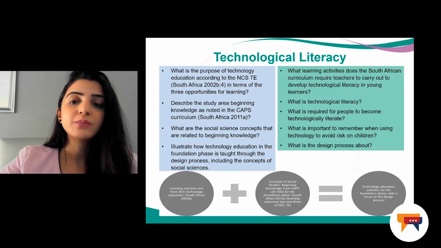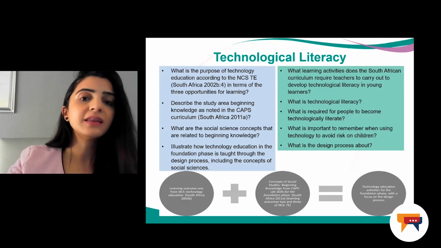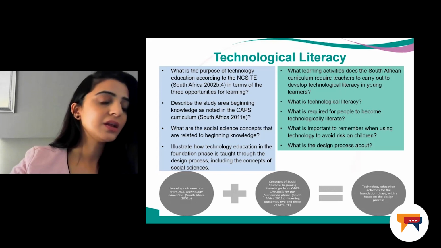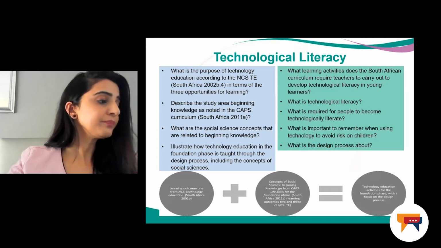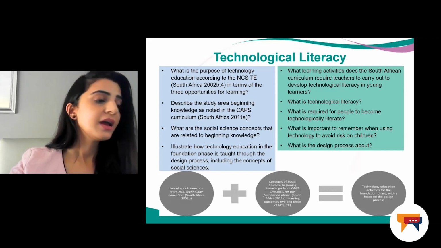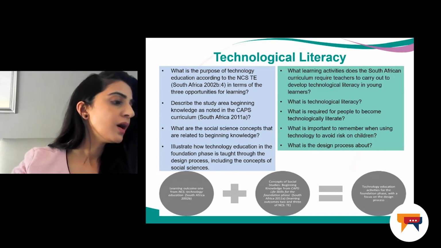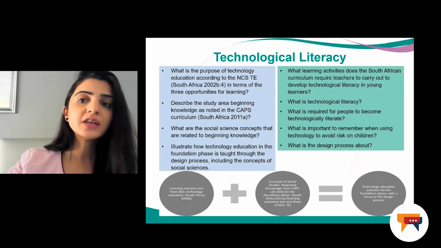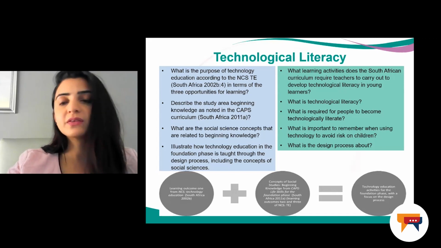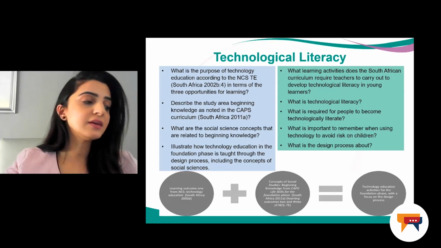And what is the design process about? So here I would like to ensure that you understand that technological literacy is developing students' ability to apply specific skills and understand concepts and knowledge using technology, and also to develop an appreciation for the interaction between people's values and attitudes, technology, society, and environment.